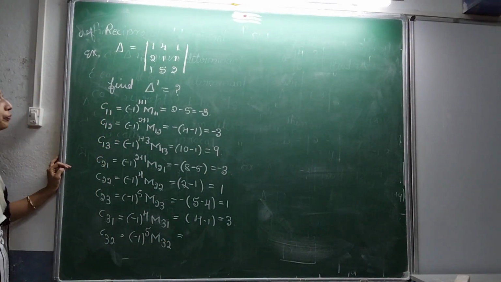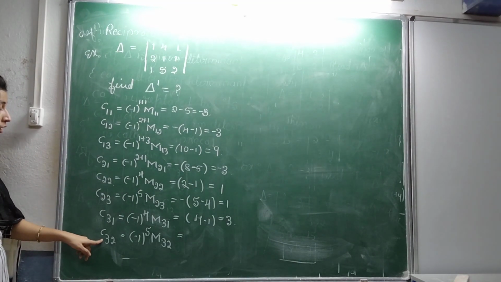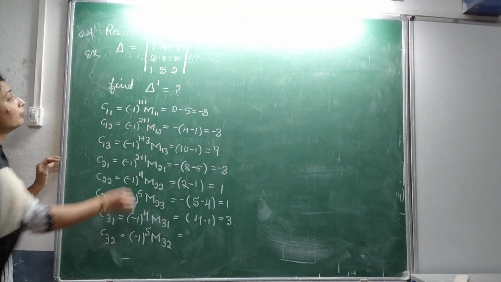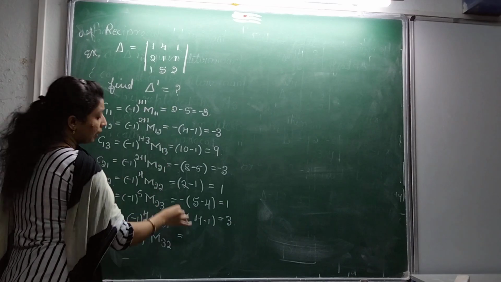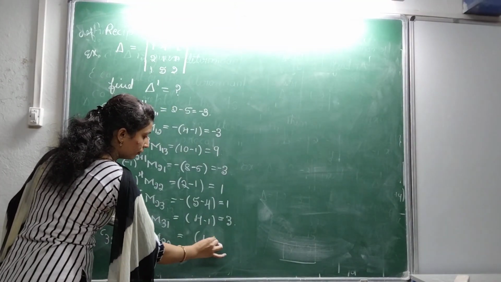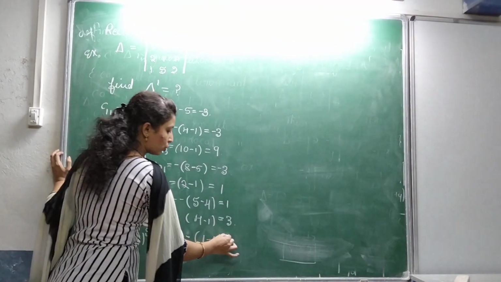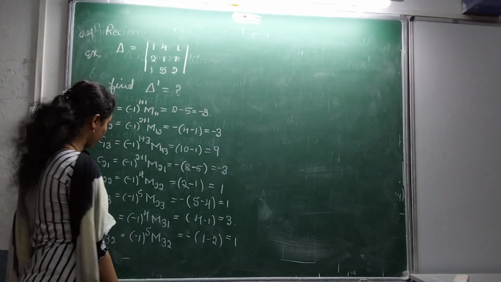This is nothing but leaving the third row, second column. So elements are 1 minus 2, and minus 1 to the power 5 means it is minus. So here we get minus 1, minus into minus, plus 1.